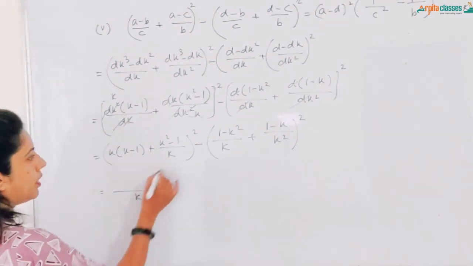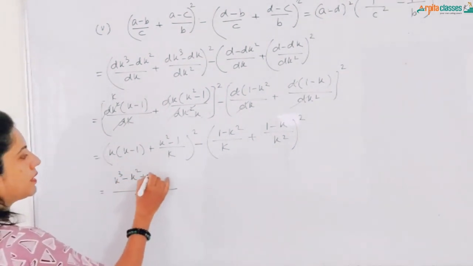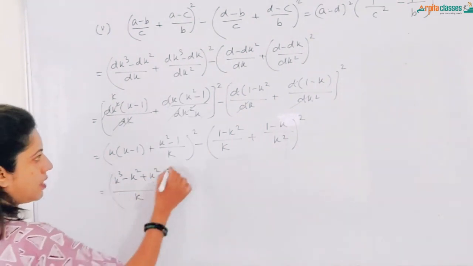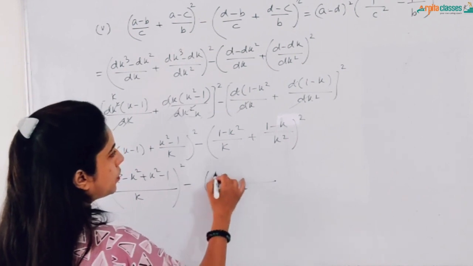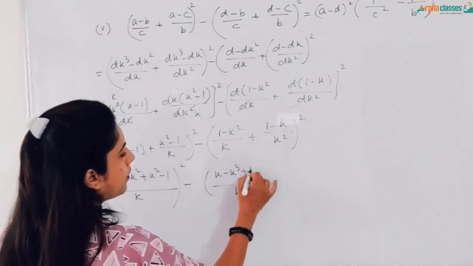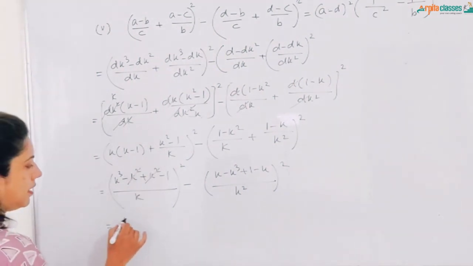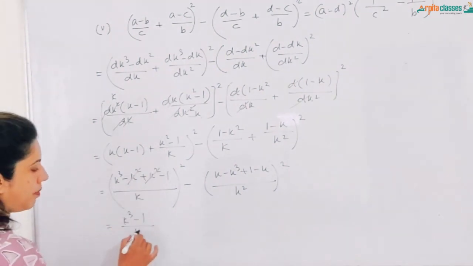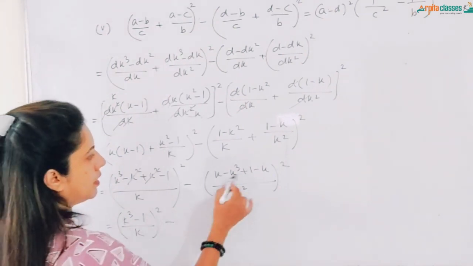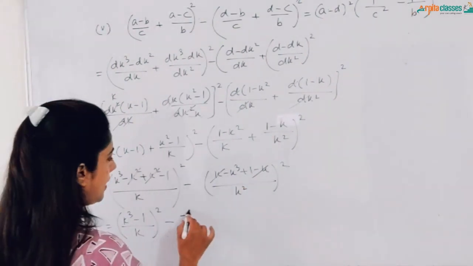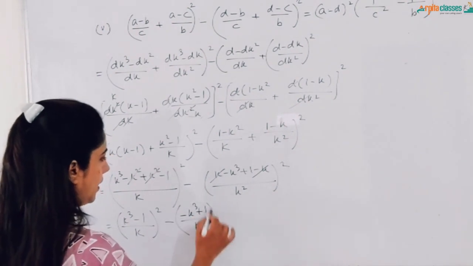This is LCM over here, k into k, k cube minus k square plus k square minus 1 whole square minus k square is the LCM here. So k minus k cube plus 1 minus k the whole square. This is getting cancelled. K cube minus 1 upon k the whole square minus, here k and k gets cancelled, minus k cube plus 1 upon k square the whole square.